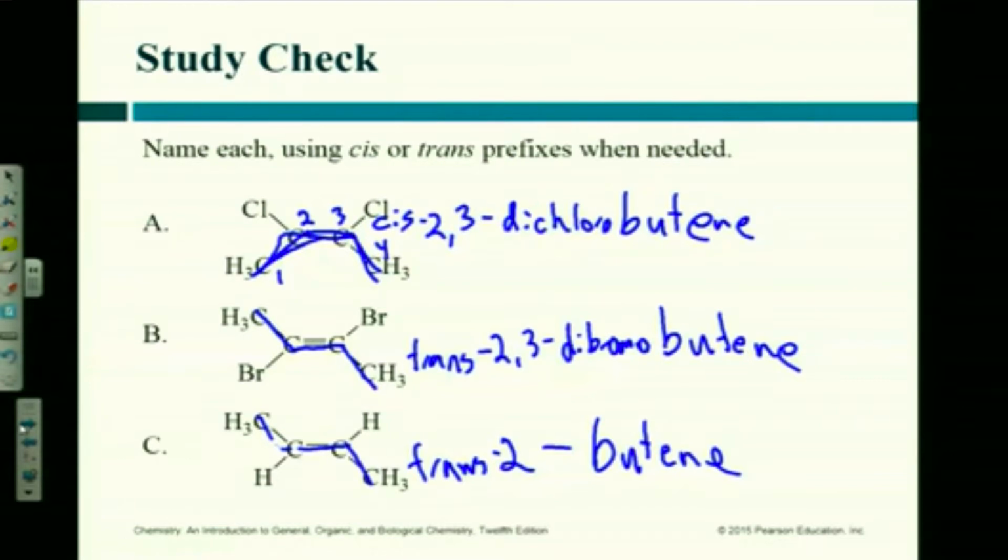I think the 2 is necessary here. What's the 2 for? It tells me where the double bond is. Yeah, you can put it in -2-butene. Sometimes you will actually see it written right before the ene, but normally it's put before the butene part.